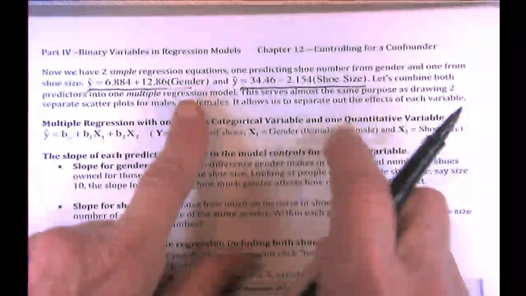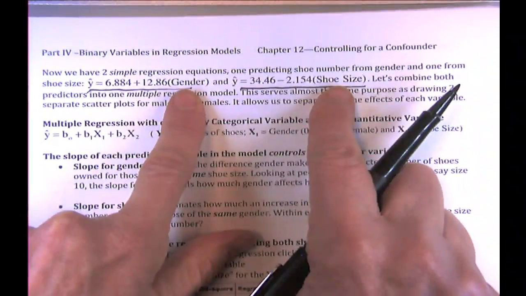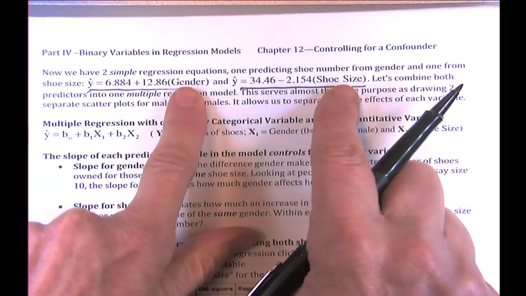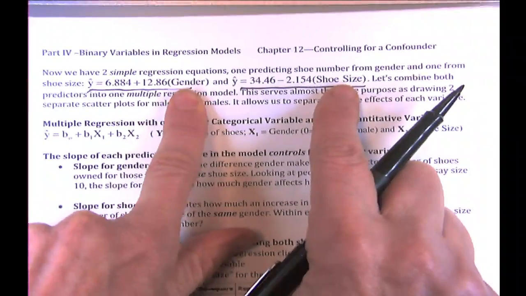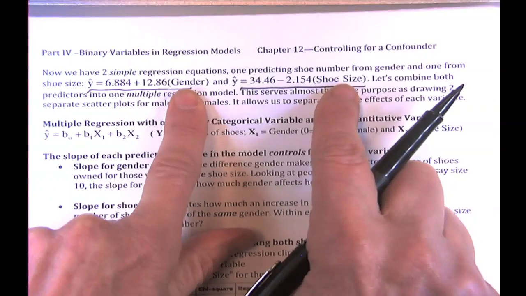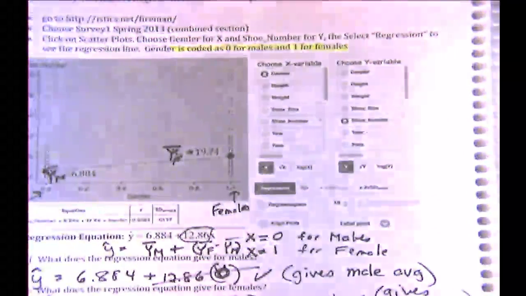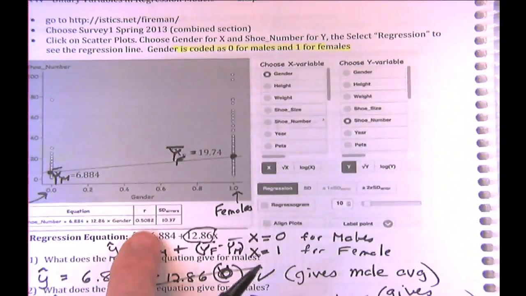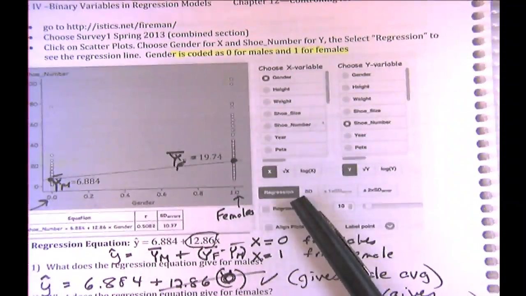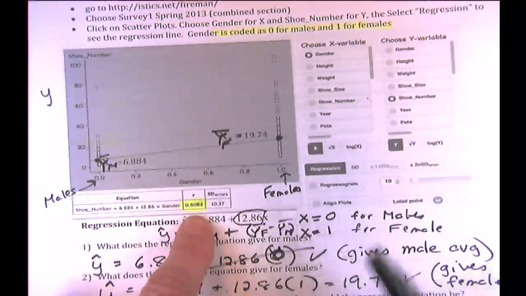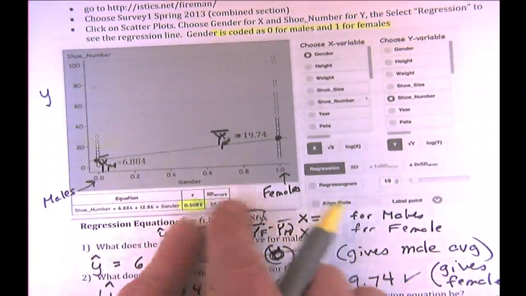Since these were confounded before, since gender and shoe size are correlated, right? And you can even see how strong the correlation is. That's right here.